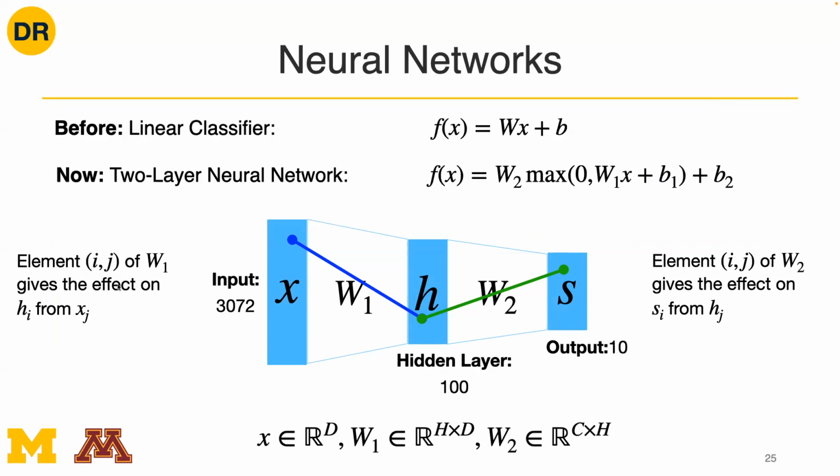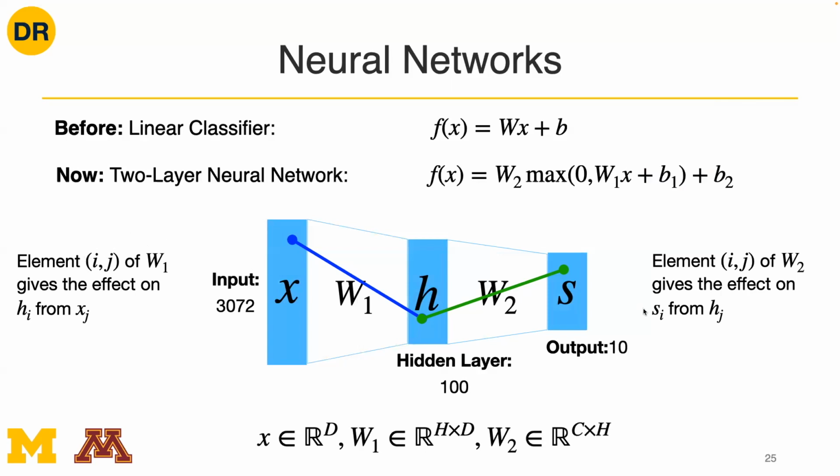So that's one way you can think about what each of the elements within the weight matrix is actually doing. It's processing a specific dimension from the input of that layer within the network, and it's affecting just a single dimension of the output of that specific layer. You could do the same reasoning on the second weight matrix.